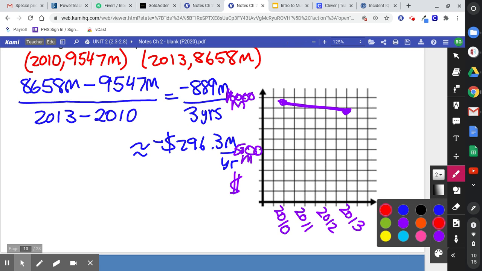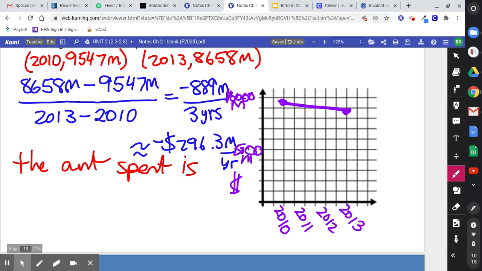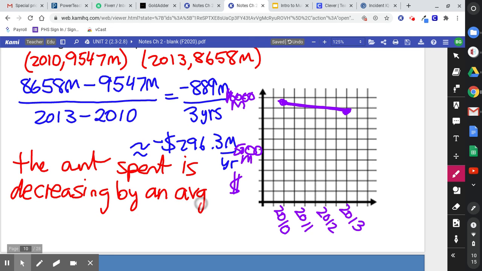We might say something like the amount spent is decreasing by an average of 296.3 million.